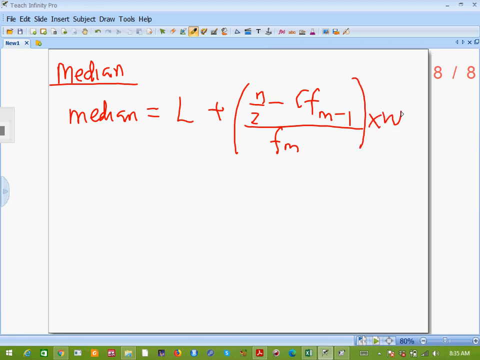So the class which contains the value that divides the data set into halves is known as the median class. To find this, get your n and divide it by 2. Our total number is 49, then you divide by 2. So the value that is in the middle is 24.5.